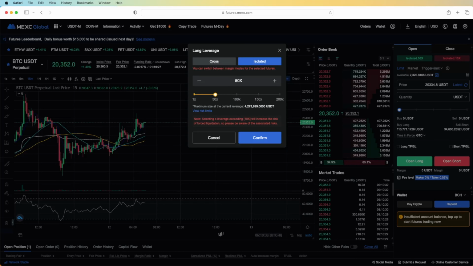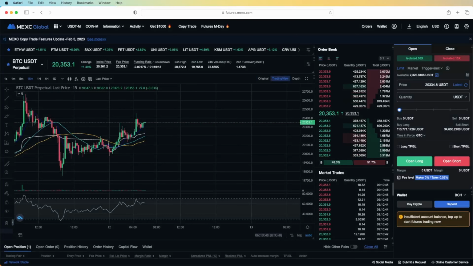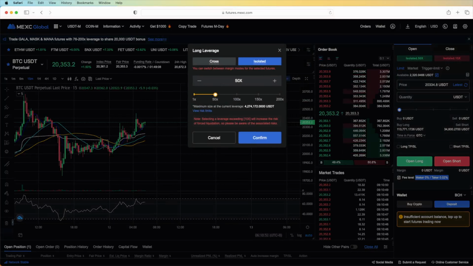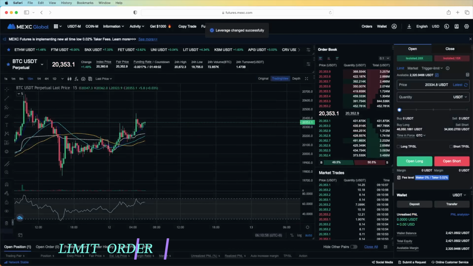Don't go over-leveraging either, because high leverage is not good for your trading, unless you are a scalper, which is different. You need to adjust the leverage for short and long separately. I'm not going to use 20, for example. Confirm.